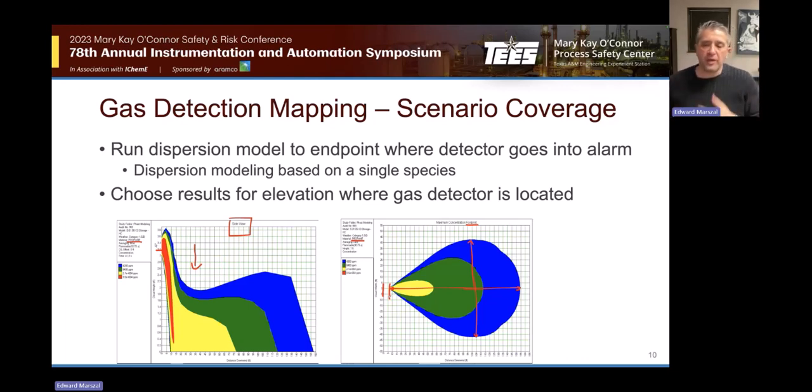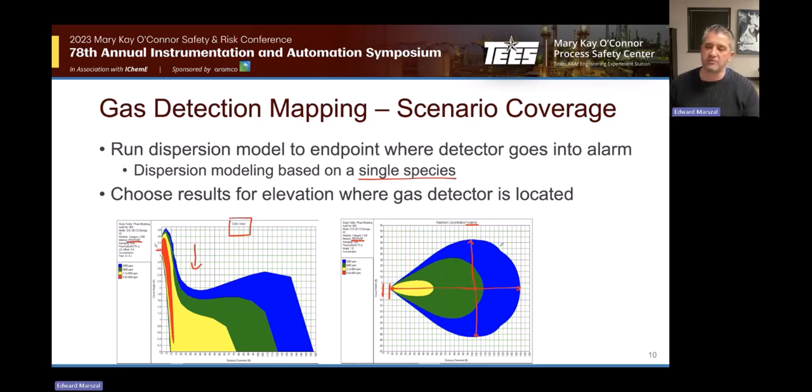So when we're doing our dispersion modeling for our gas detector placement, we need to know, well, what concentration am I going to run my dispersion model out to? And usually when you run your dispersion models, you're going to be looking at a single species. So here in these pictures, I'm showing you the concentration of methane at different distances from the release point.